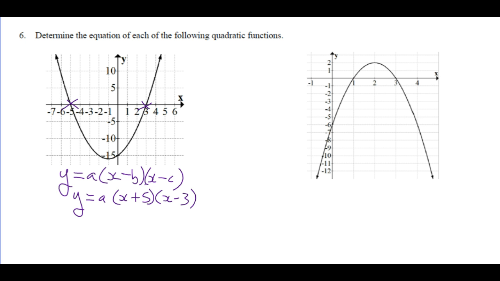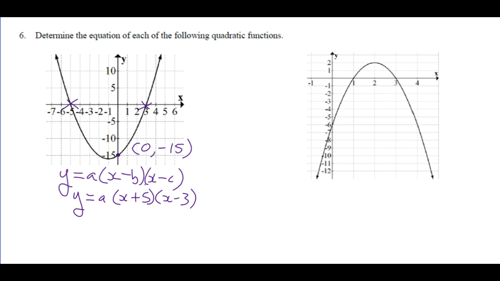And now what we do is we look for another point on this graph. So you see here negative 15. We've got this point on the graph, (0, negative 15). We can read the y-intercept off the graph.